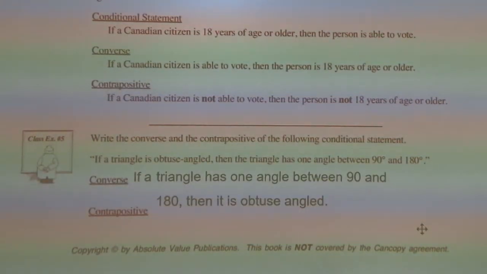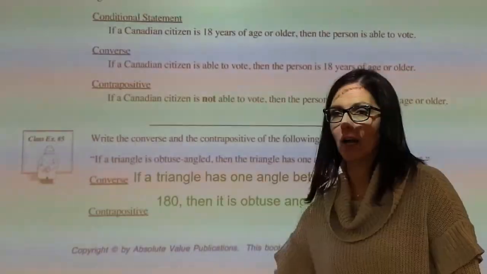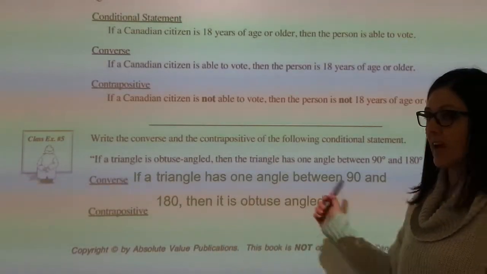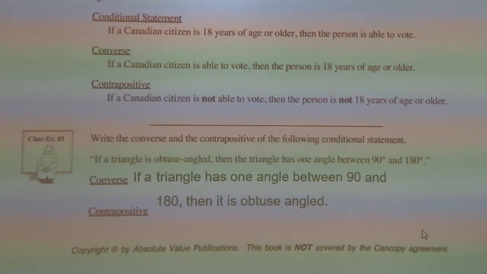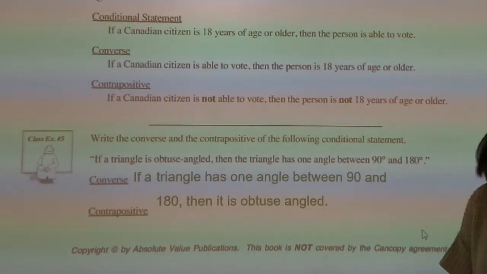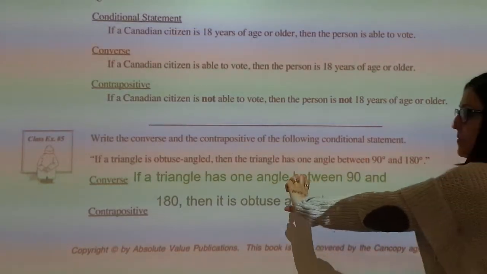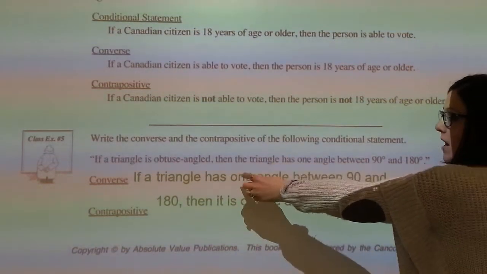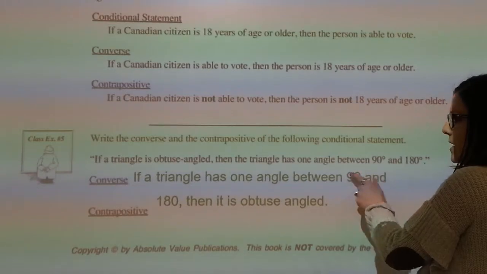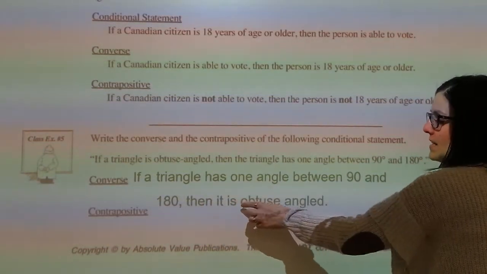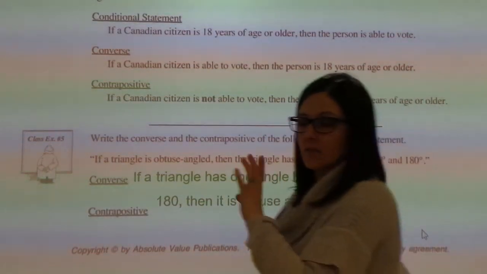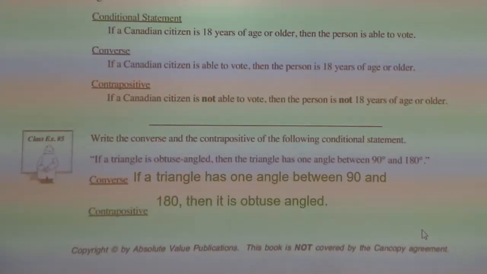So the contrapositive says take this statement and insert the word not. So if I negate this statement, what would the statement then be? If the triangle is not obtuse angle, then the triangle does not have an angle between 90 and 180 degrees. Keep it the same form though. If a triangle does not have one angle between 90 and 180 degrees, then it is not obtuse angle. Okay, so we leave it in the same form as the converse.